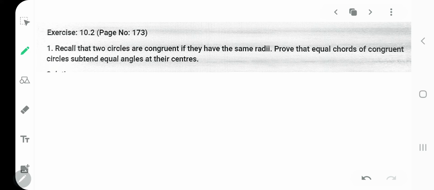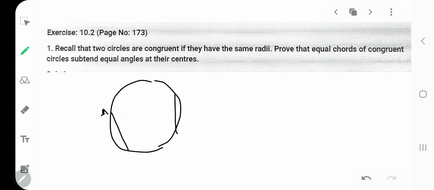Next we have recall that two circles are congruent if they have same radii. Prove that equal chords of congruent circles subtend equal angles at the center. So if I have a circle and the chords are equal, so if I say this as AB, this is equal to CD.